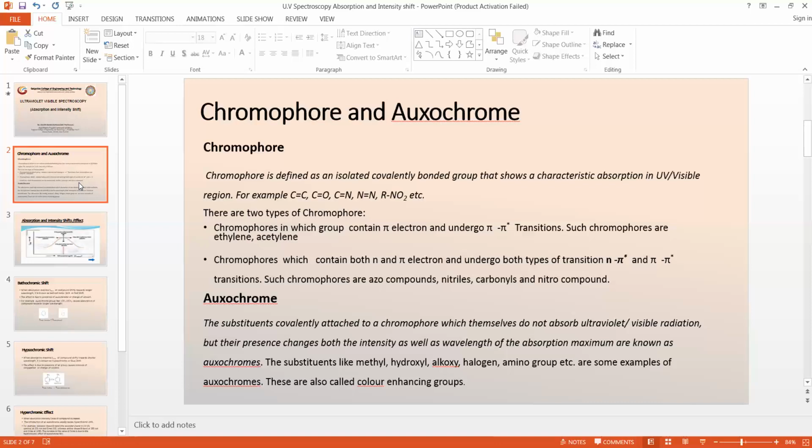For example, methyl, hydroxy, alkoxy, halogen, amino are oxochromes. Oxochromes are color enhancing groups while chromophores are color imparting groups.